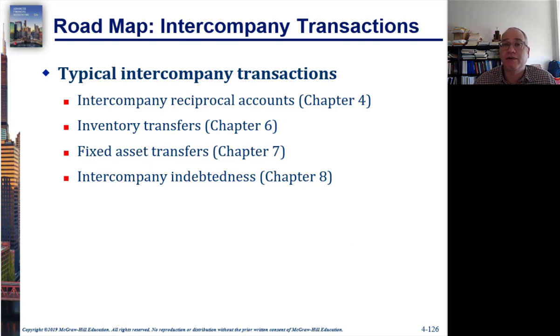That would be a situation where one entity holds bonds that belong to another entity. So one entity issues bonds to borrow money from a related entity. One company is going to have bonds payable, and the other company is going to have an investment in bonds. And again, that's going to need to be eliminated.